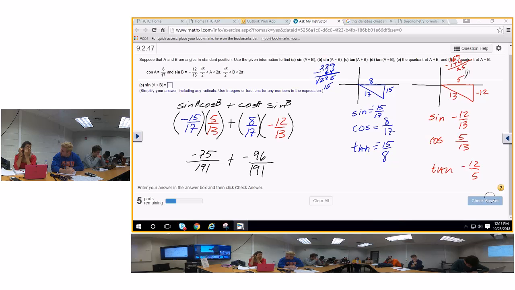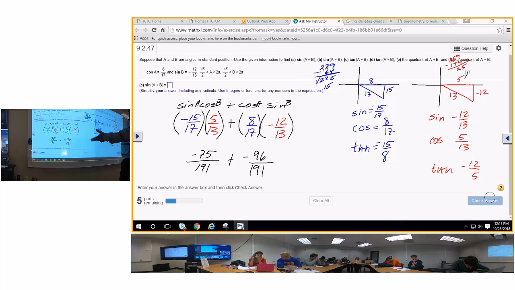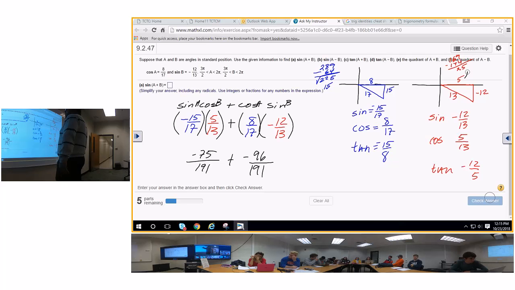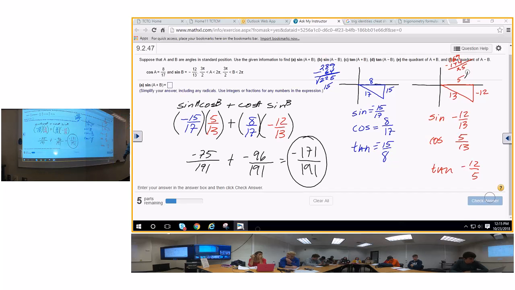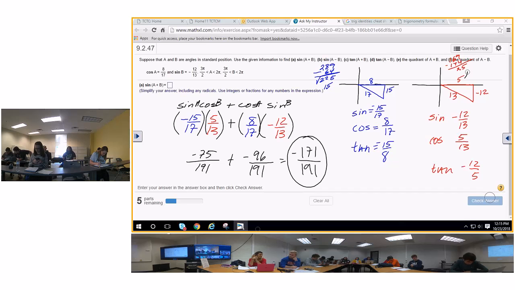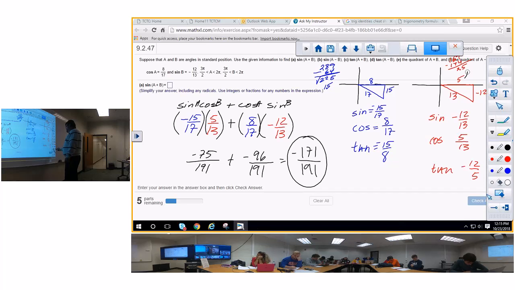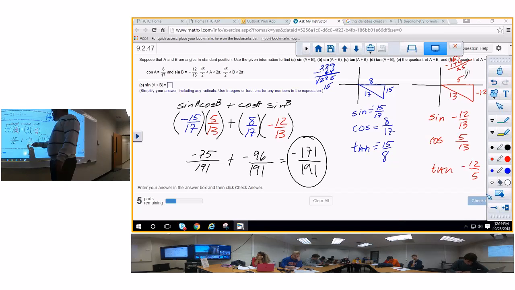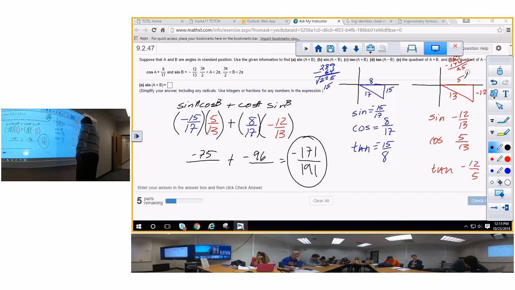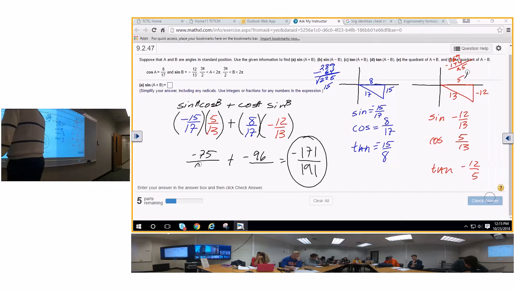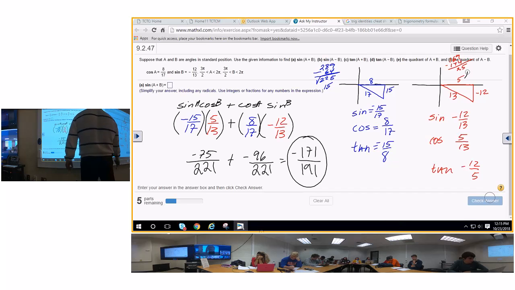Negative 75 plus 100 is 175. Somebody check me out. Negative 171 over 191. It's actually 221 on the bottom. Okay, so y'all told me wrong information. Okay, that's all right. I see how it is. Y'all suck. 221. Did you say 221? Yes, 221.